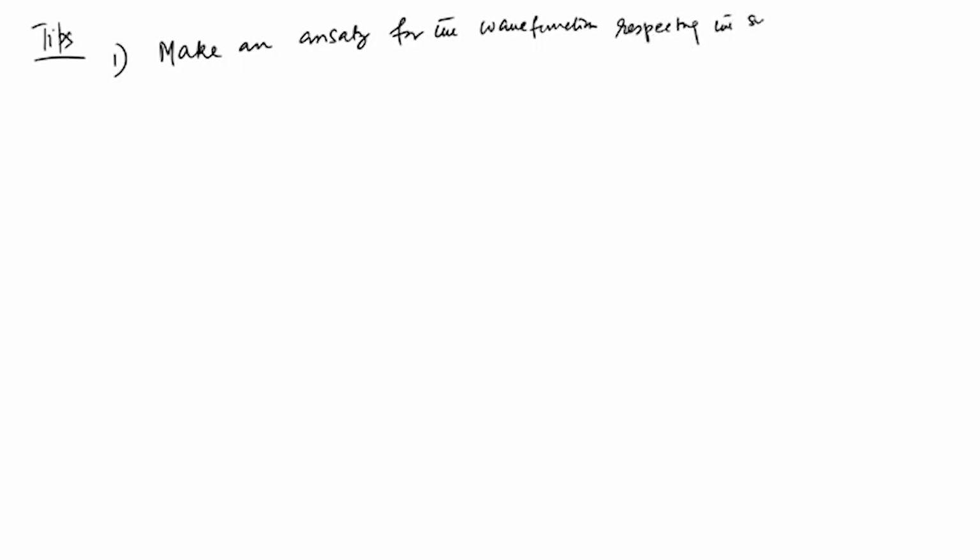So, for a given problem, the suggestion is that you make an ansatz. So, these are like tips. Make an ansatz for the wave function respecting the symmetries, and importantly whatever you know about the problem.